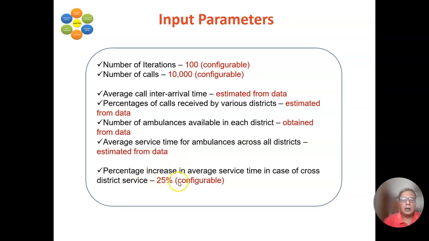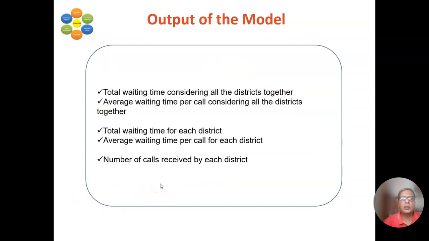And there is a small correction factor that is configurable, where 25% is an ad hoc number. When an ambulance base doesn't have any ambulance left for a new call, it is the percentage extra we need to add to the service time to get an ambulance from a neighboring base. But that's configurable in the simulation.